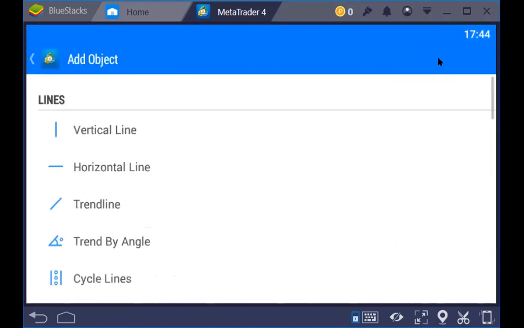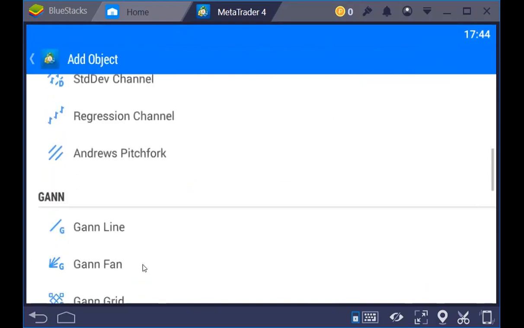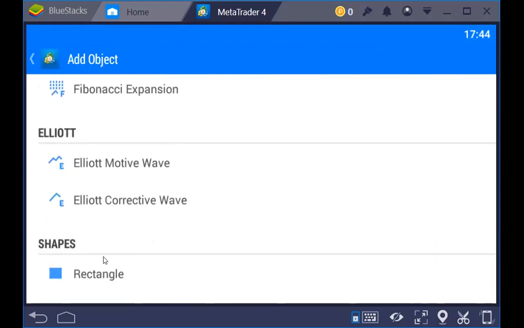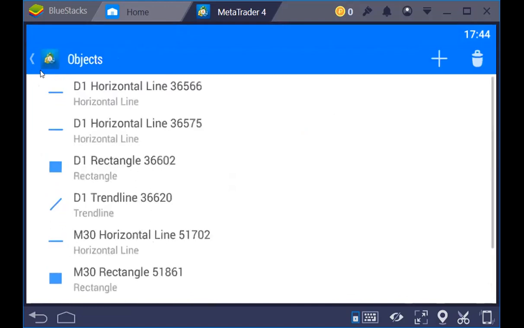Now you click plus. I always use the horizontal line tool to show my resistance and support zone, to mark them. I also use the rectangle tool to mark my support and resistance zone.